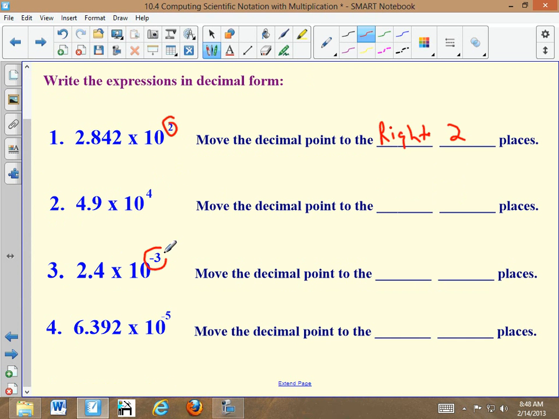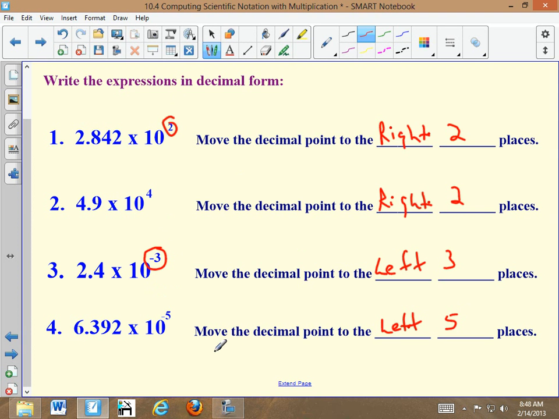This 3 is negative, so I'm going to move the decimal to the left. How many places? 3. So I move number 2 to the right, 2 places. I move number 4 to the left, 5 places. So if your exponent is negative, you move to the left. If it's positive, you move to the right.